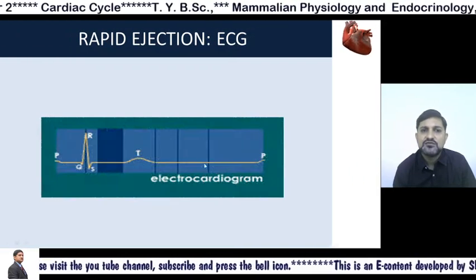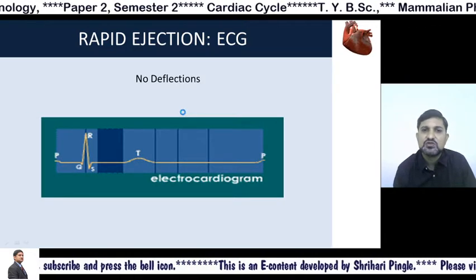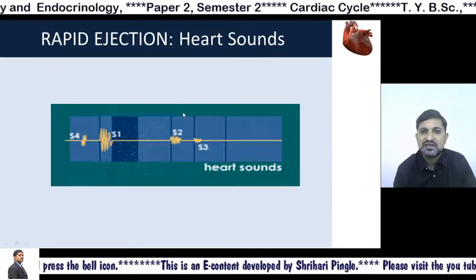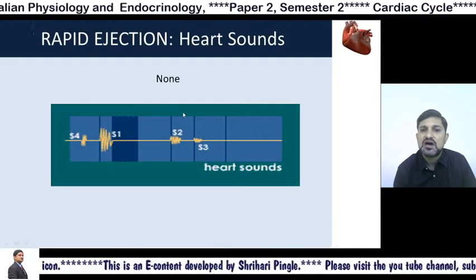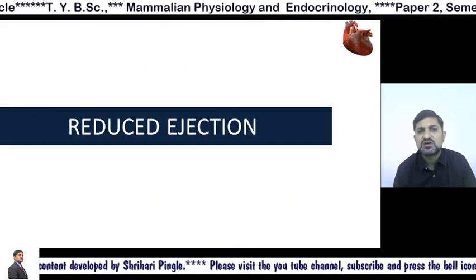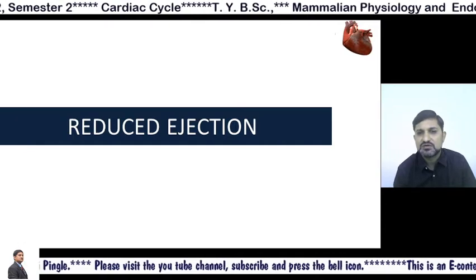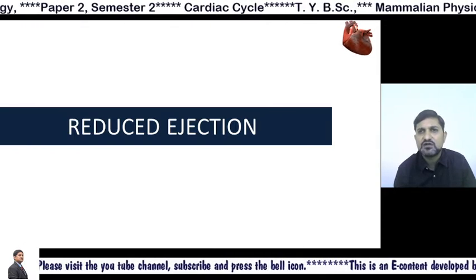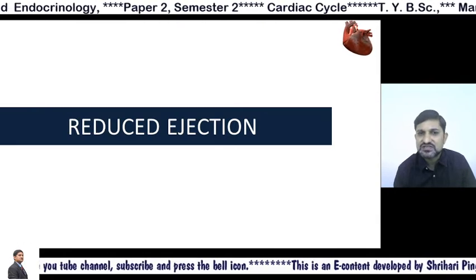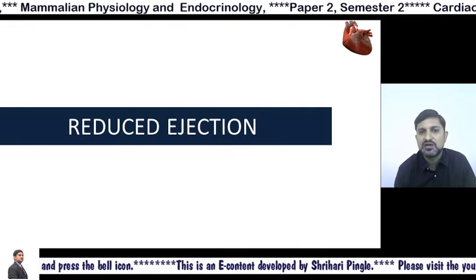Now, if you look at the ECG here, you would see that during this phase there is no deflection, as well as no heart sound observed during this phase. Then you talk about the next event, which is called reduced ejection. The time when the semilunar valves opened for the first time, the blood rapidly had gone into the aorta and pulmonary artery.